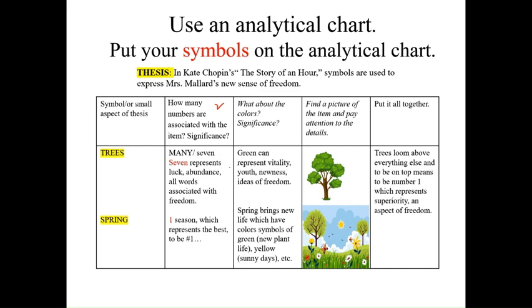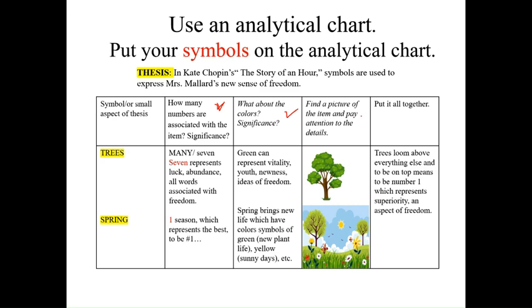And in this case, seven represents luck, abundance, all words associated with freedom. And what are the colors? Okay. So here it says how many numbers are associated, because you can always analyze numbers, right? What about the colors associated with tree? Green, vitality, brown.